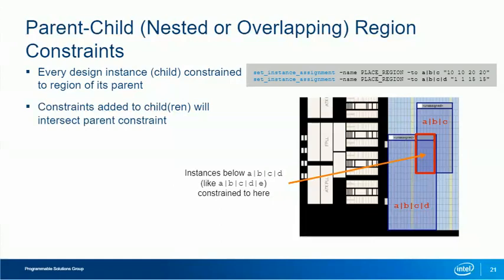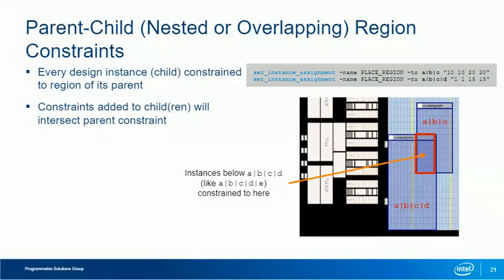ABC is constrained to the region of the upper right. Without any additional constraints, all logic for ABC and any lower-level logic, its children, will be constrained to just this region. A second region constraint is added for ABCD overlapping the first region. Now, ABCD logic can be placed in the area of the second region outside of the original ABC region.